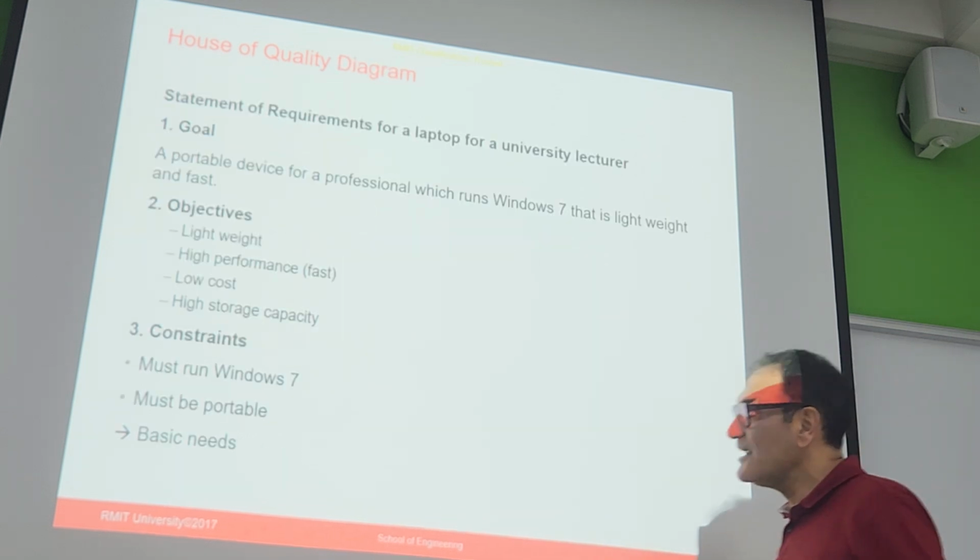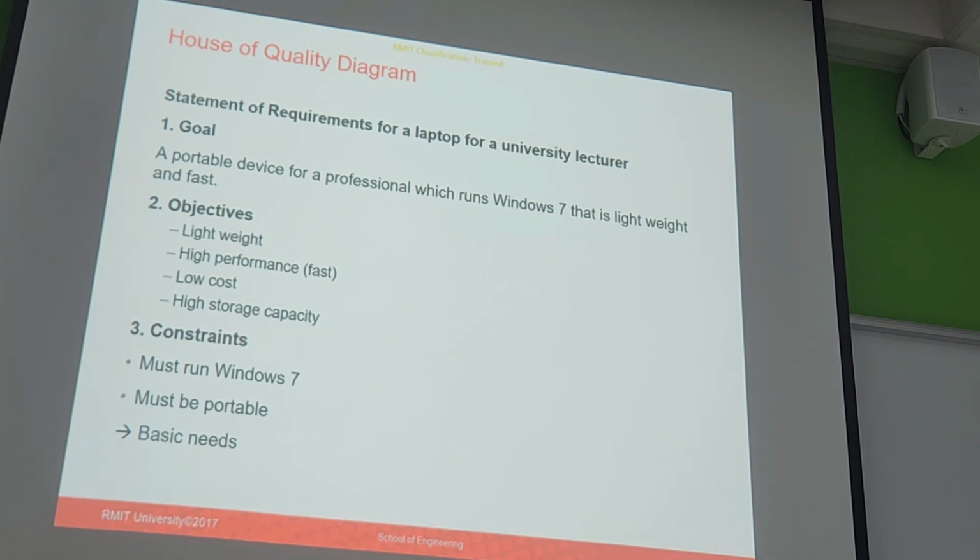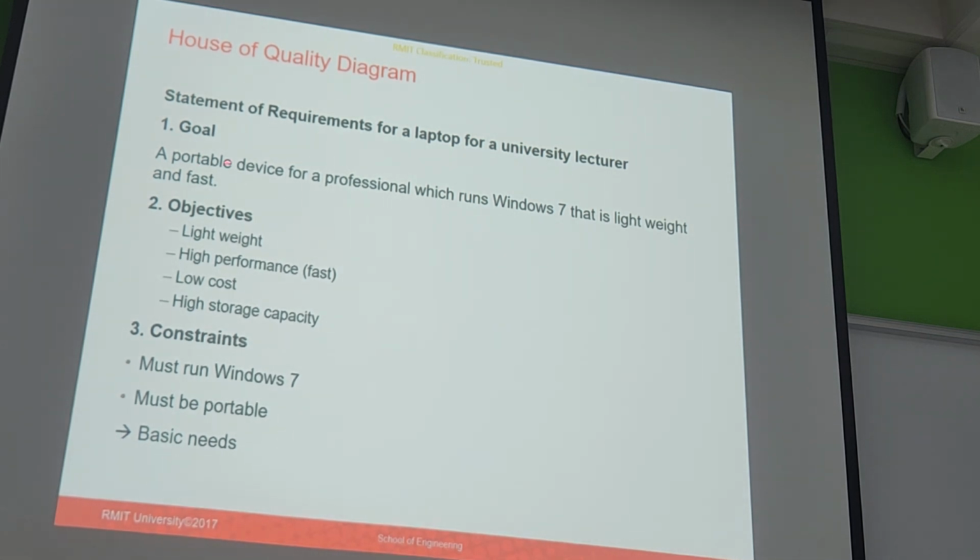So, another house of quality is about the requirements for the laptop. I don't ask you about that in the final exam, but I just give you the example. The goal is we need a laptop.